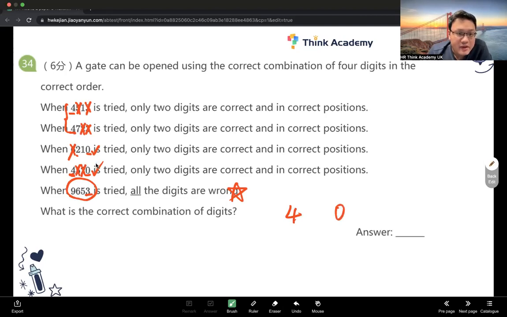And then for the second and third one, how do you determine that? You see, when you go to the second information, it tells you only 2 digits are correct, and you have already canceled out 2. So that means that the second one must be a 7. 4, 7. And then you cross out this one. So for the third one, 1 and 0 must be correct. So the answer will be 4710.